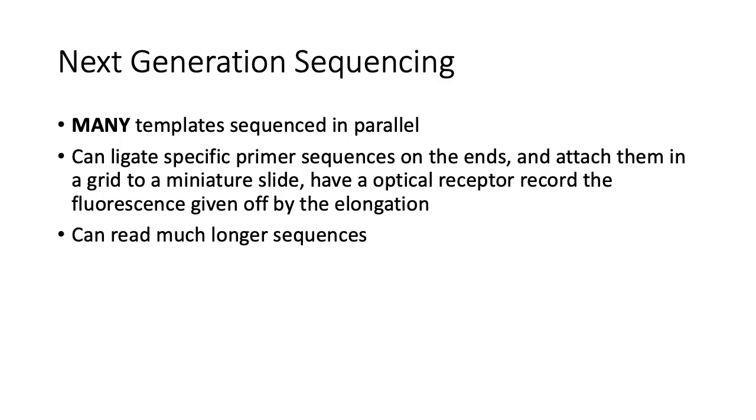And then 1 second later, here is all of the fluorescing colors, and each one's now different. And by reading the time sequence that way, the computer can read each of the thousands of strands of DNA as they are being elongated. That's one type of next generation sequencing.